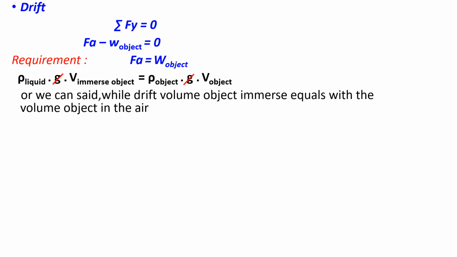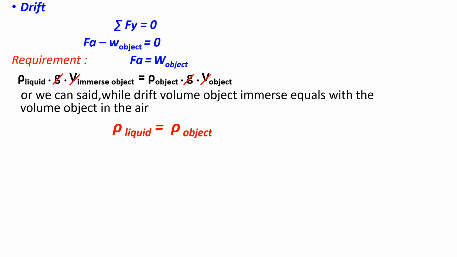Or we can say, while drift, volume object immersed equals the volume object in the air. So, we can erase volume immersed object at the left side with volume object at the right side. So, finally, we can get relation for drift that density liquid equals density object.